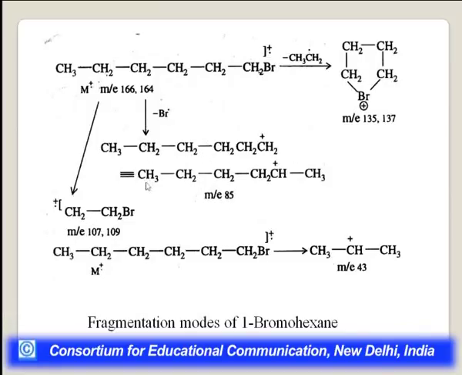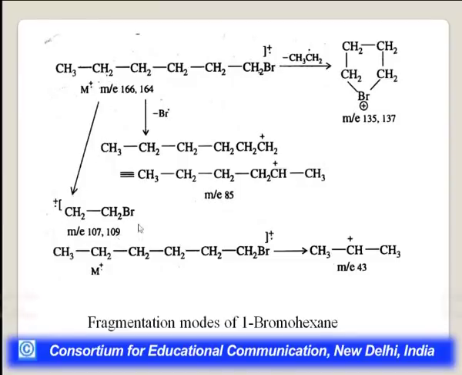It rearranges to give this kind of carbocation because it is more stable as compared to the primary. This is a secondary carbocation, so a less stable carbocation will immediately rearrange to a more stable carbocation.